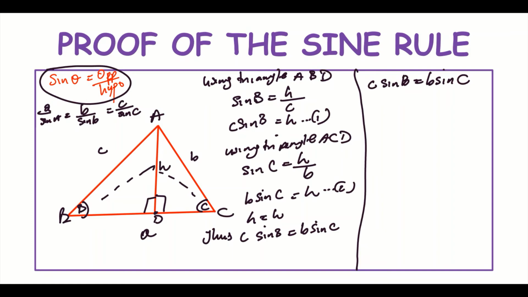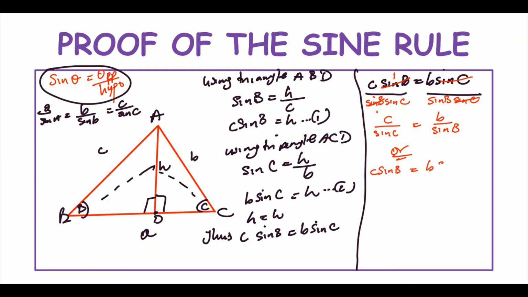Here we want to put it in this form, so we can divide both sides by sine B sine C. We have sine B into sine B, so we're left with c over sine C. And we cancel sine C, so we're left with b over sine B. Or what we could have done, when we have c sine B is equal to b sine C, is divide both sides of the equation by bc.